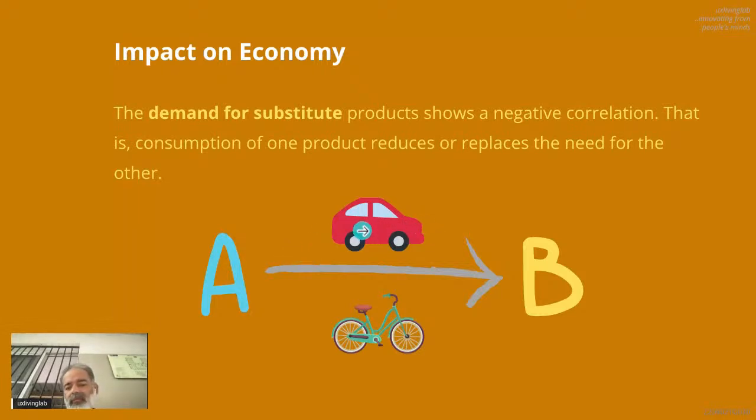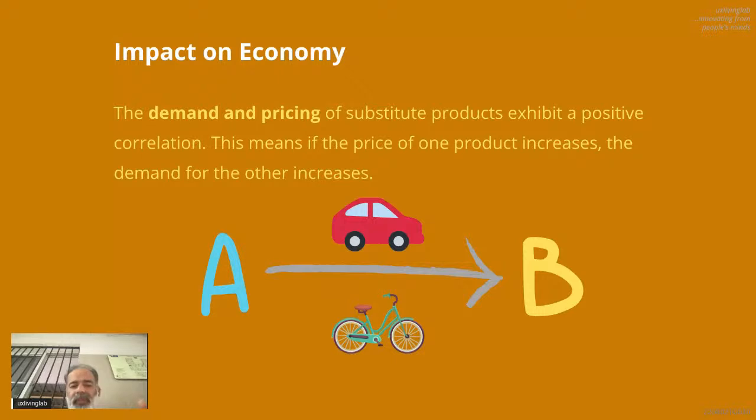So when the price of transportation by car increases, the demand for the bicycle also increases. That's the reason we call the demand for substitute products a negative correlation. When a product increases its price, the demand for the other product increases. That is, consumption of one product reduces or replaces the need for the other product. That is why we say the demand for substitutes shows negative correlation.